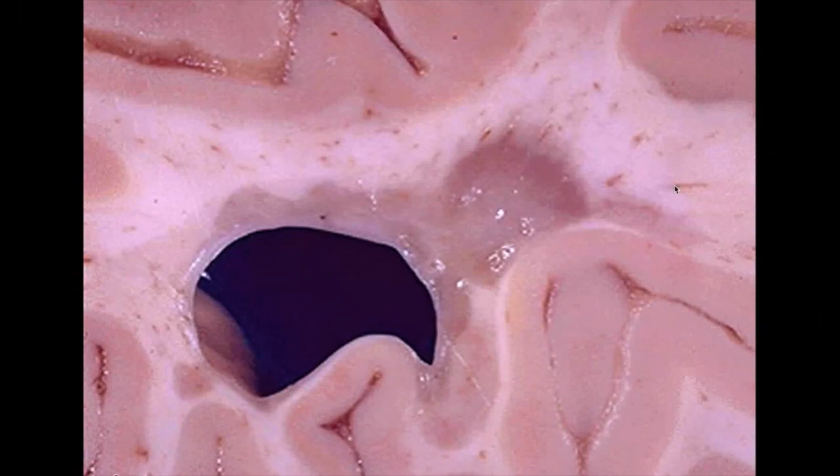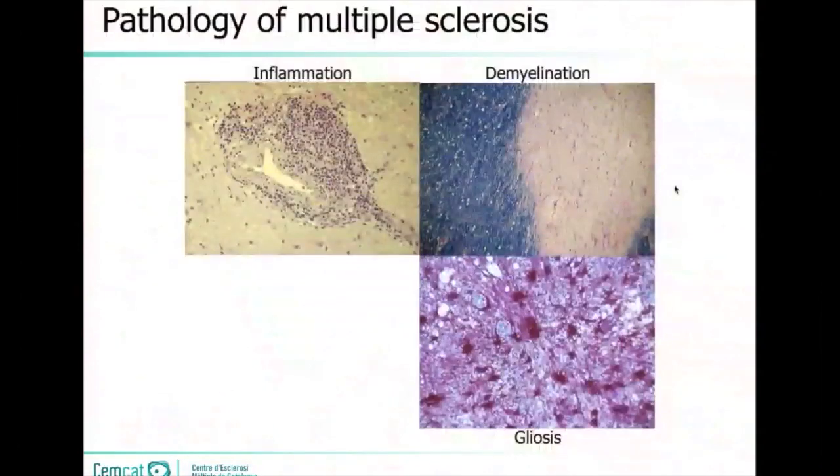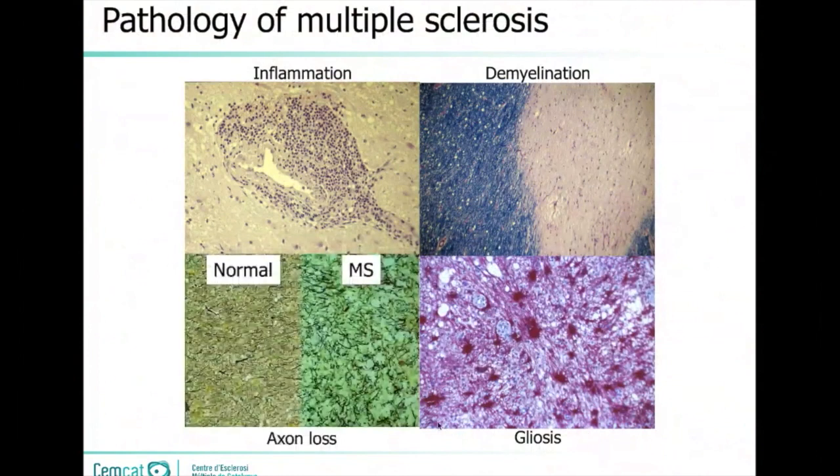The main components of the pathology were inflammation, demyelination, gliosis, but this was not a recent discovery, but a reappraisal that axonal loss was present in people with multiple sclerosis.